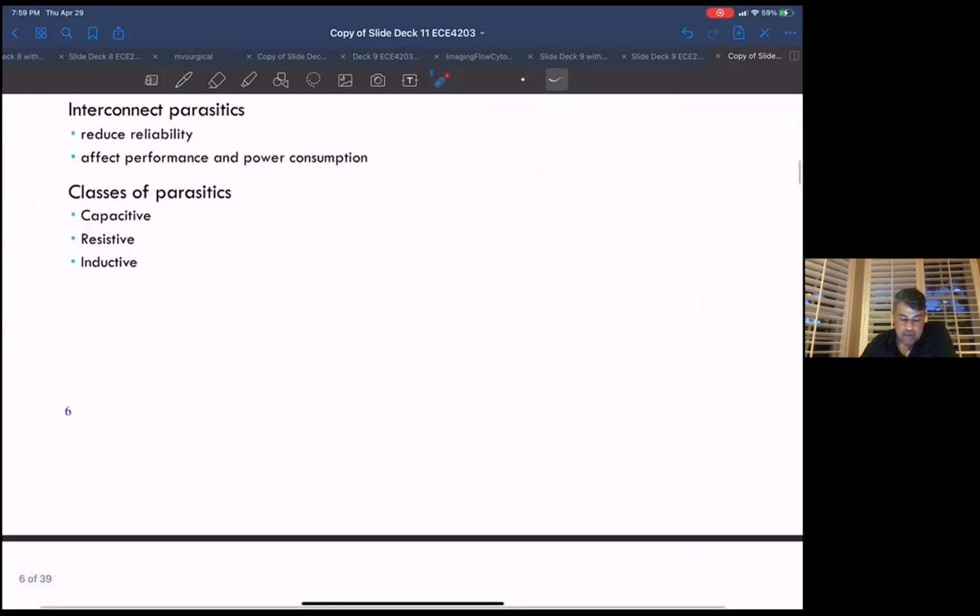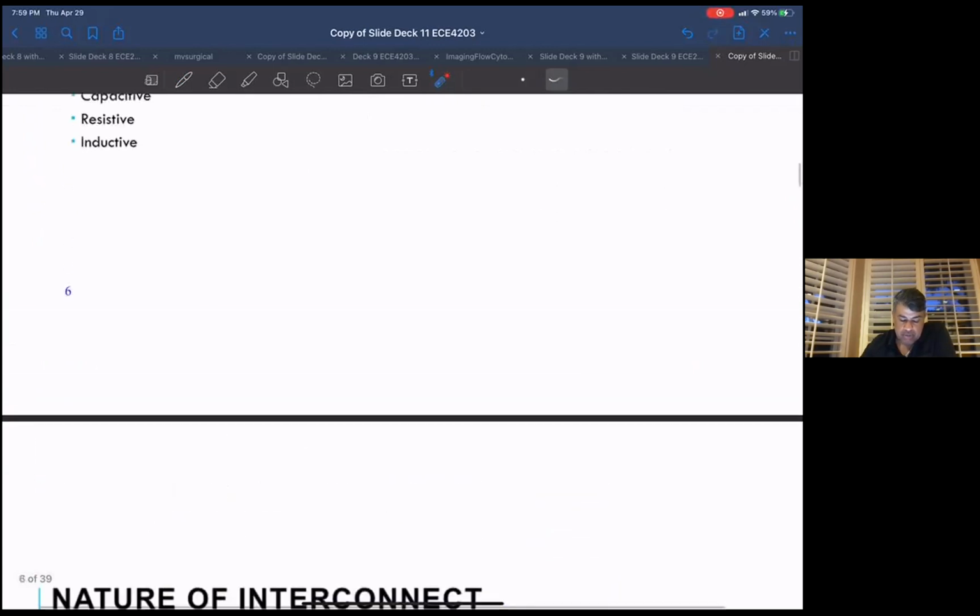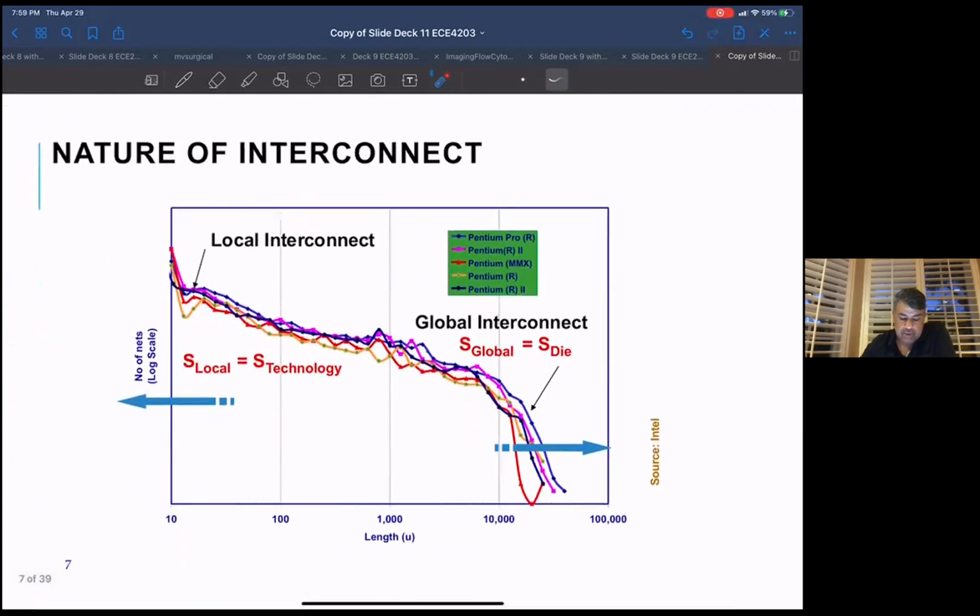Okay, so now let's look at the characteristics of interconnect. Like I mentioned, you have 10 billion transistors, and you're going to have a bunch of interconnections in between.